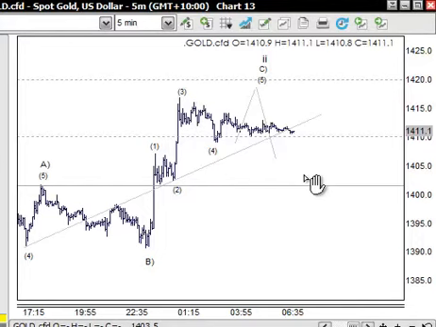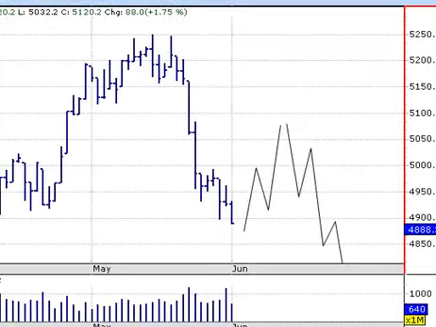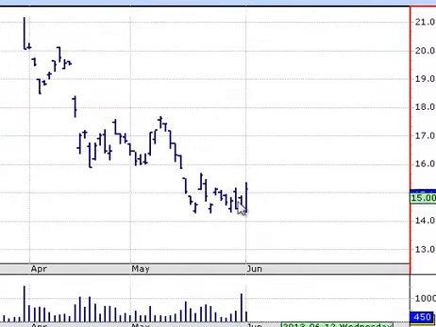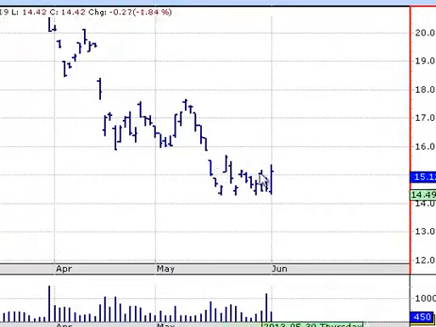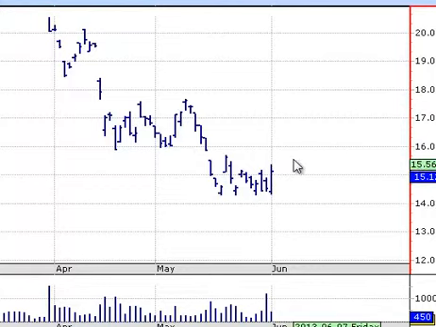Not so much for NCM, because if we have a look at NCM, for instance, bear with me for a second while I get it up. This move through here still appears to be corrective. It's a little bit of a move like this here, so we could see this rally somewhat higher through here.